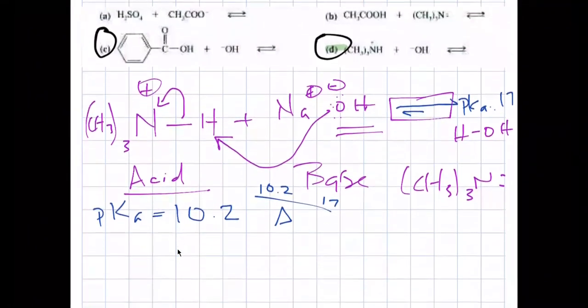Let's add another piece, because this may help you to understand why the reaction always goes towards the weaker acid, because that's what we said when we talk about predicting equilibrium, that the weaker acid is always favored.